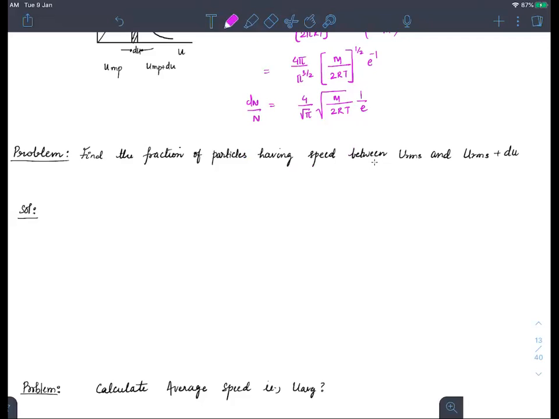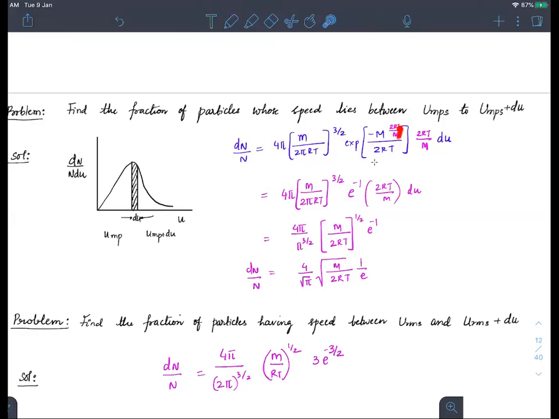I'm directly writing the final calculation which we will get. dn by n will be equal to something like 4 pi by 2 pi whole raised to power of 3 by 2 into m by RT whole raised to power of half, into 3 times e raised to power of minus 3 by 2. This is what you will get. You should be able to figure it out. Just introduce, instead of 2RT by m, write down 3RT by m. You should be able to get it.